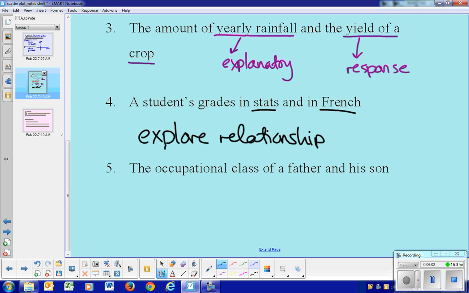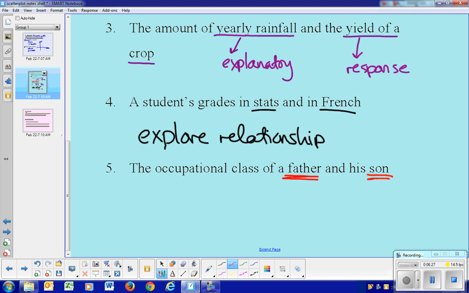This one I could see arguing both ways. Historically speaking, in the 20th century and earlier, if your parent were in a higher class, more white-collar job, then it would be much more likely for that person's child to be of a similar occupational class. This isn't quite as cut and dried in more recent times than it has been earlier.